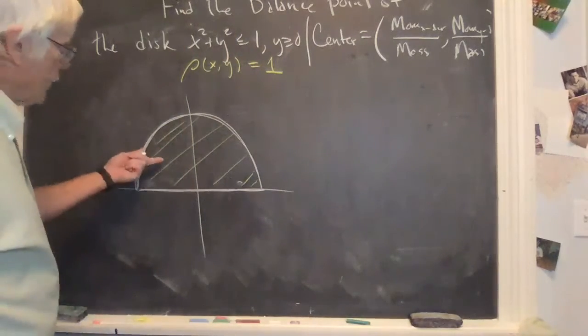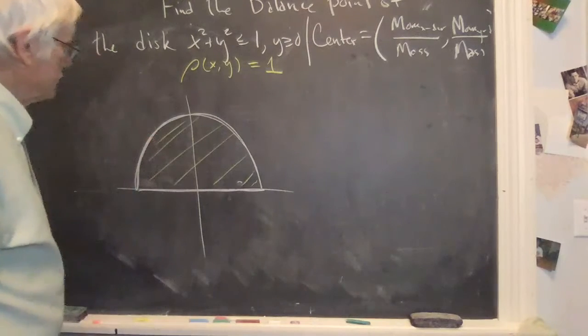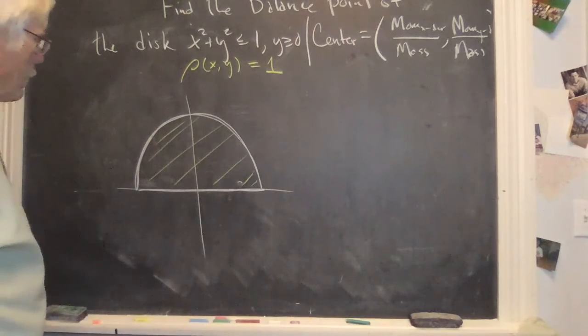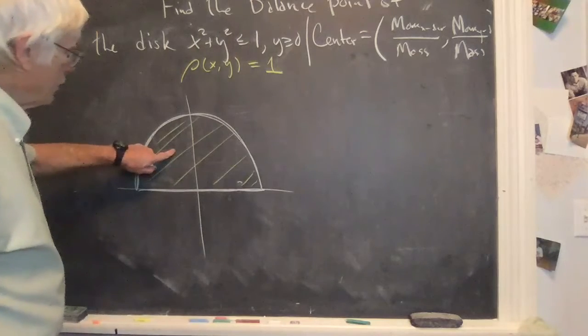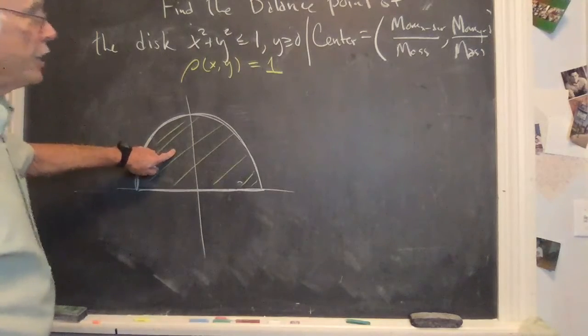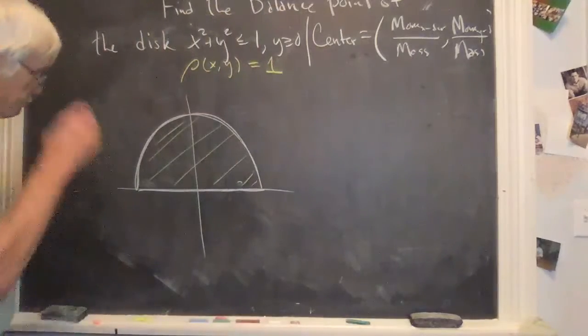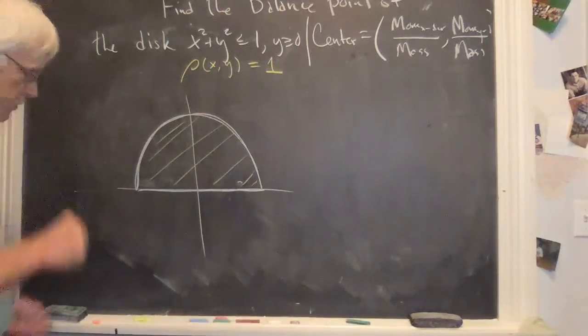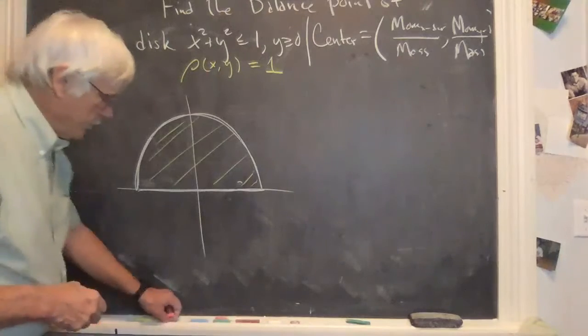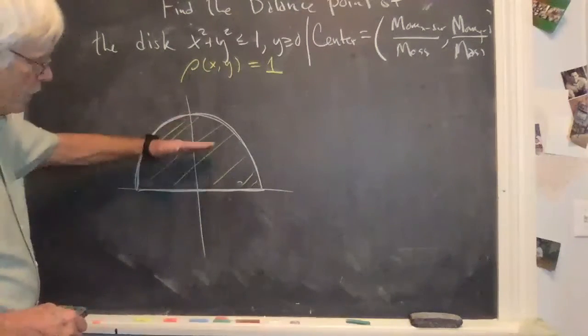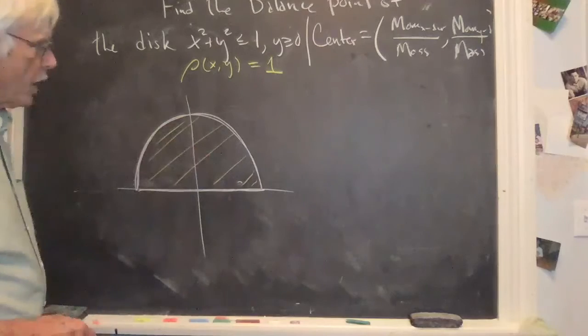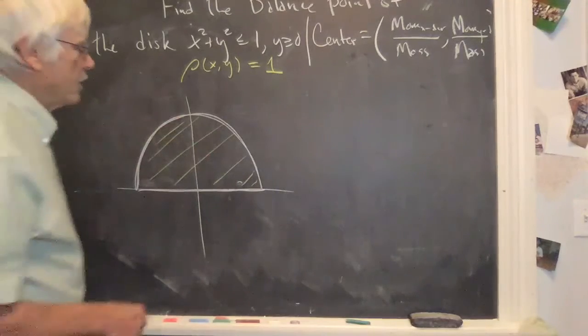The area we can find is pi over 2. So the quote mass in this case is just going to be pi over 2. So the thing we have to find is the moment in the y direction. Where is the balance point in the y direction? But let's take a look.